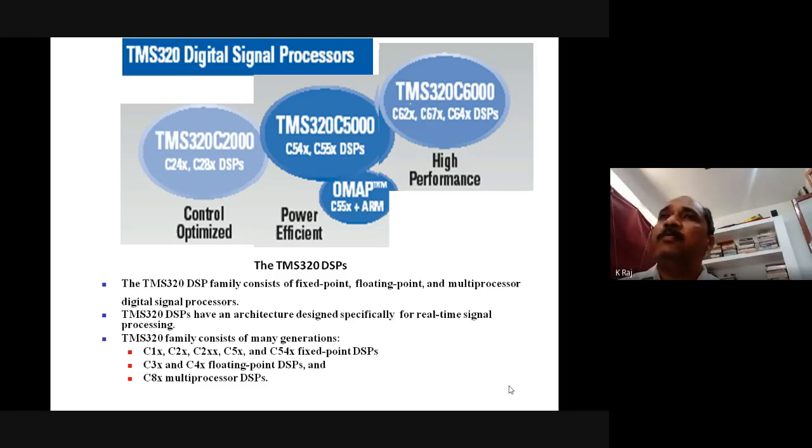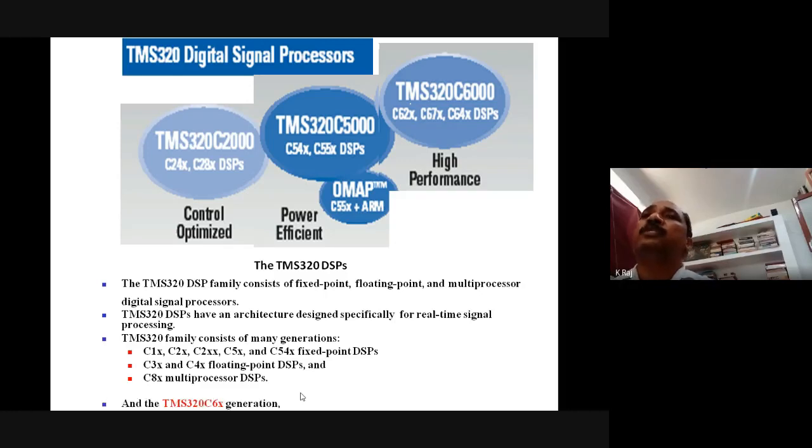The C8X is the multiprocessor digital signal processor. So this family consists of three types of processor: one is the fixed point processor, the second is the floating point, and the third is the multiprocessor digital signal processor.